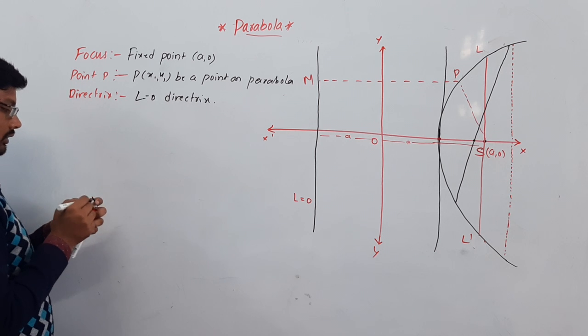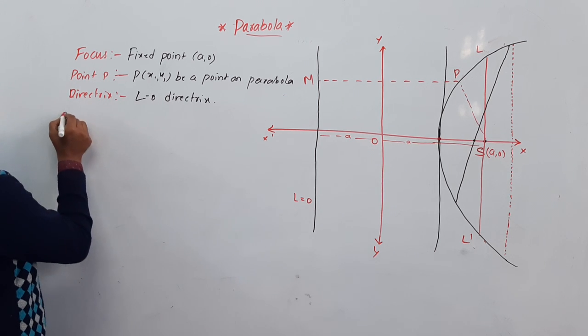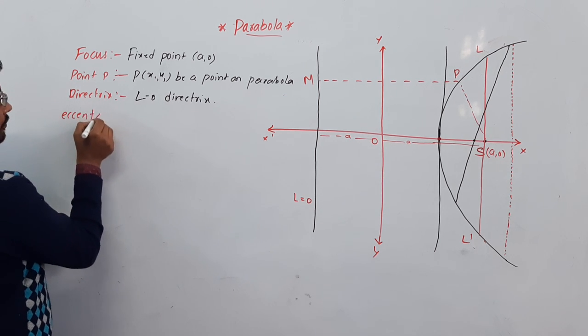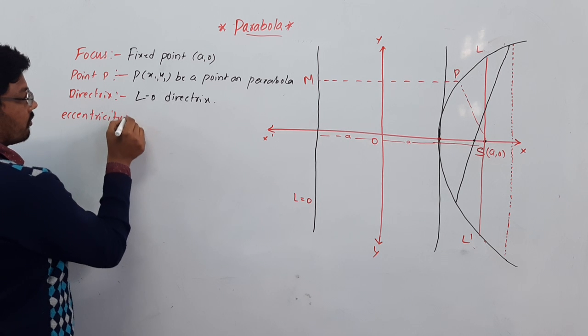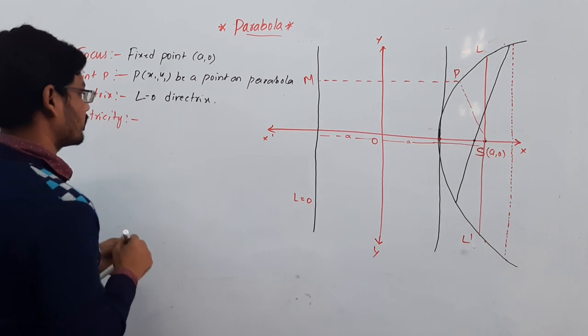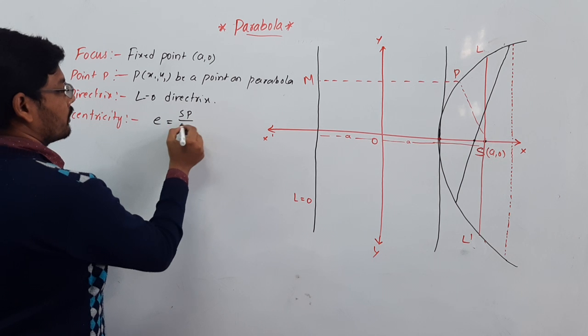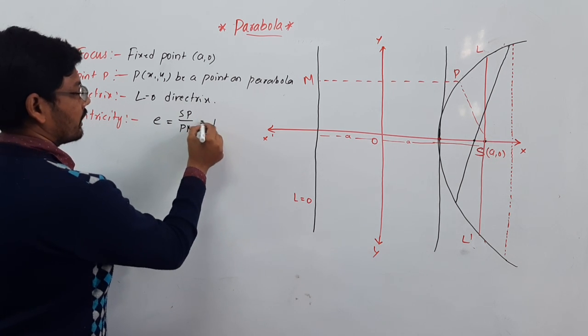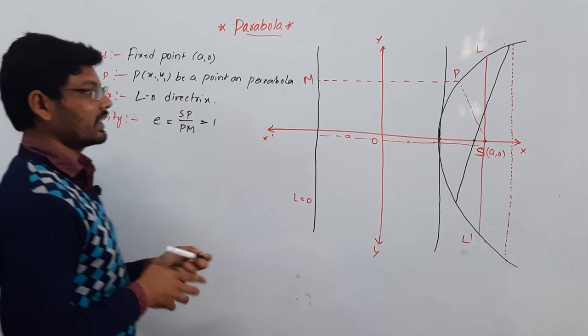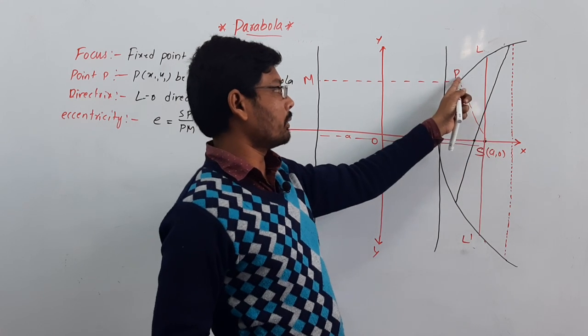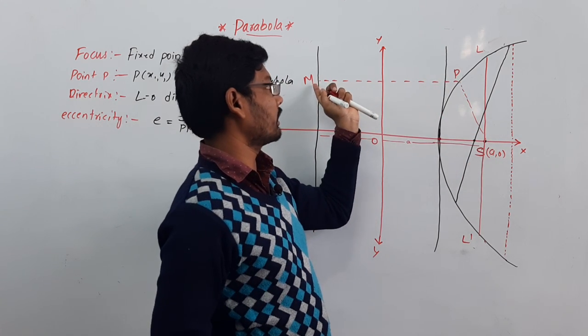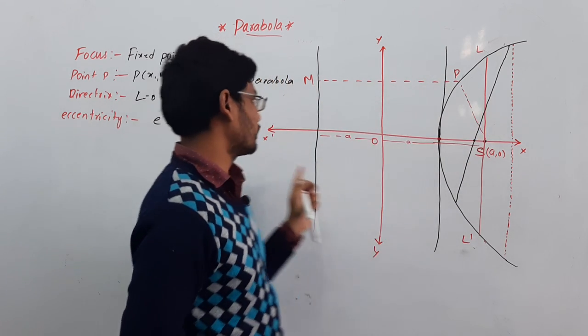Eccentricity is denoted by e, SP by PM, that is equal to 1. This is eccentricity, the ratio of the distance from the focus to the point and the perpendicular distance from the directrix to the point. This is equal to 1.